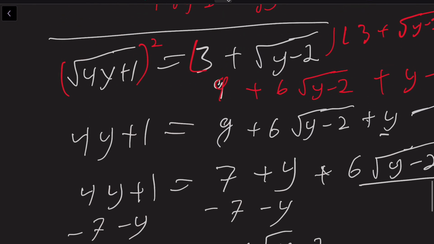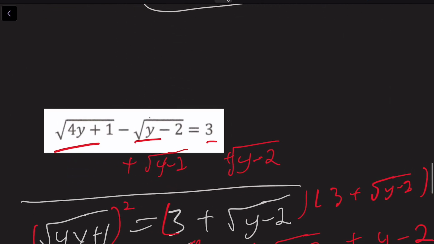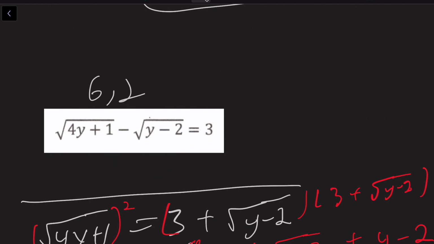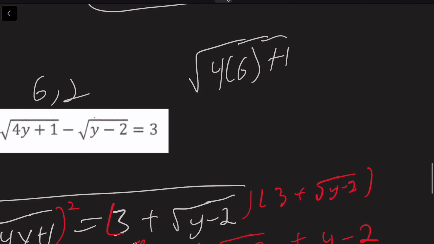So now we go back to our original equation. If we plug in 6 or 2, one of these answers should work, or both of these answers should work. So square root of 4 times 6 plus 1 minus square root of 6 minus 2 is equal to 3.